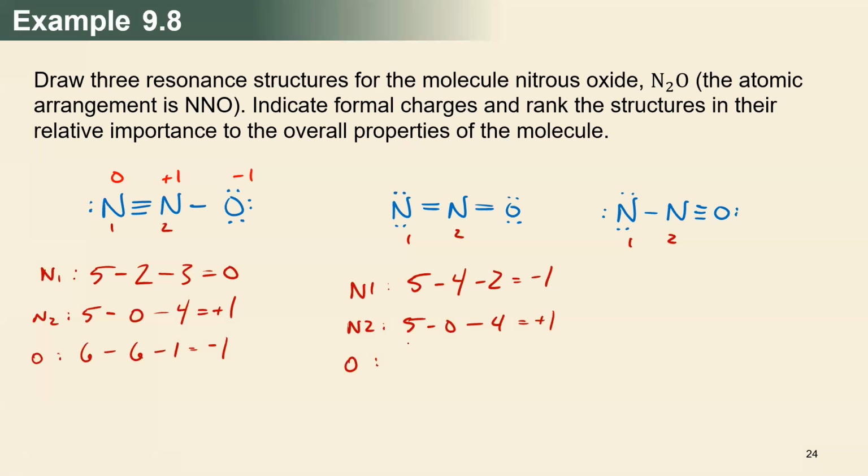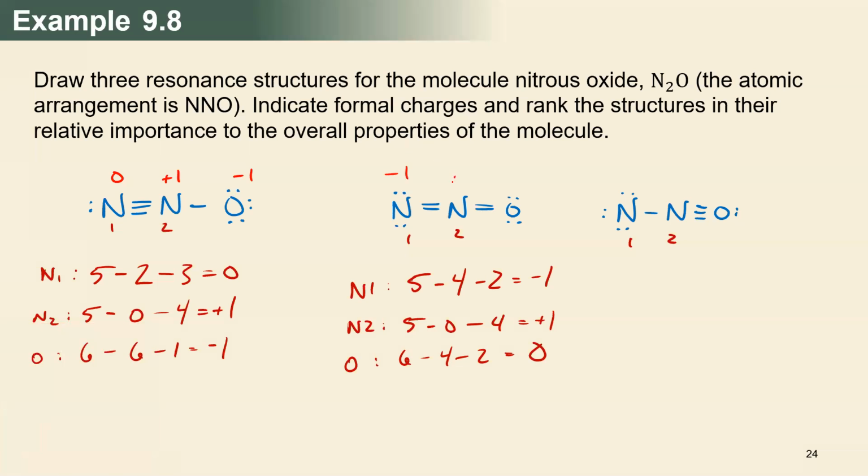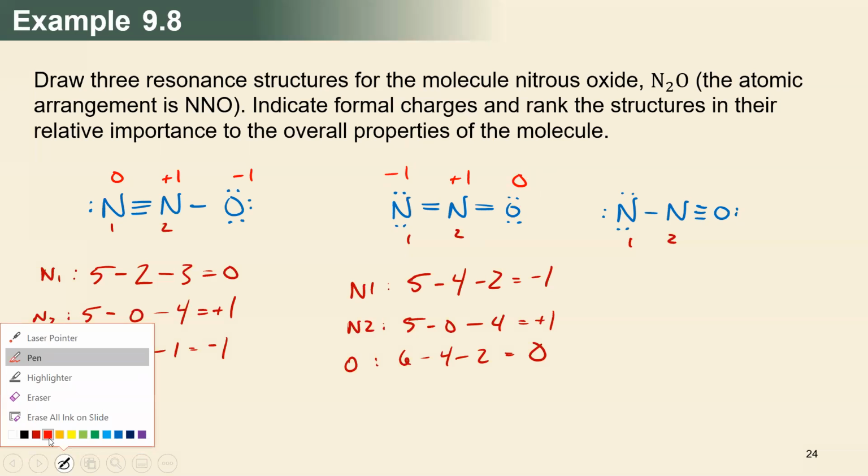And for oxygen, 6 minus 4 minus 2 is 0. So -1, +1, 0. Still not great. This one's not great because oxygen's more electronegative, so he'd rather have that -1 charge. Let's see the last one.